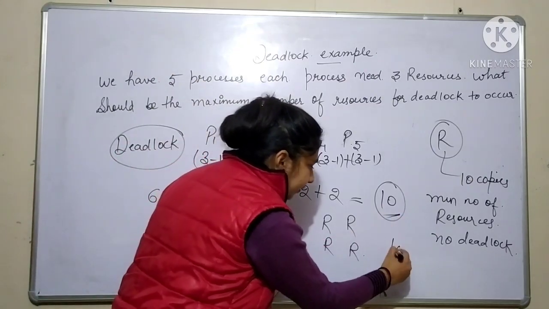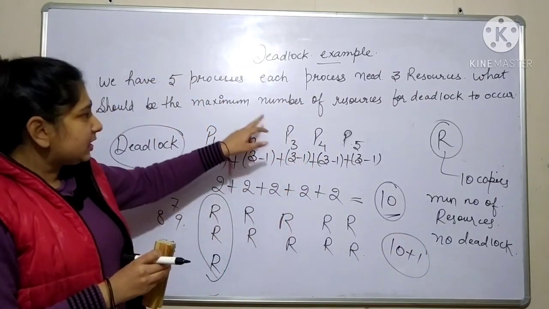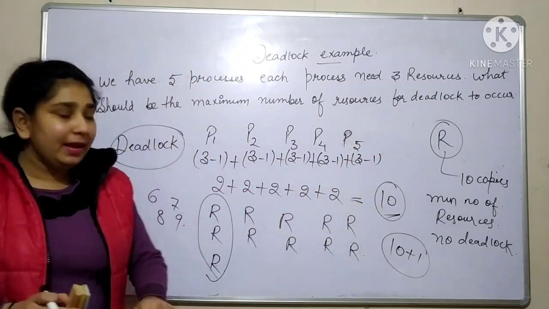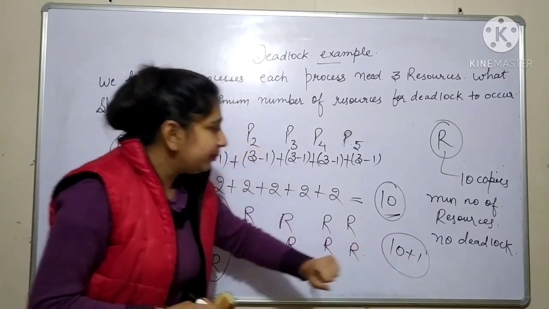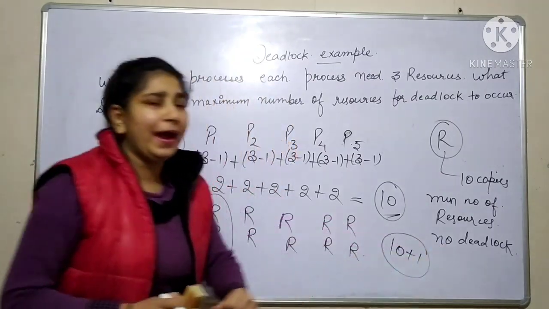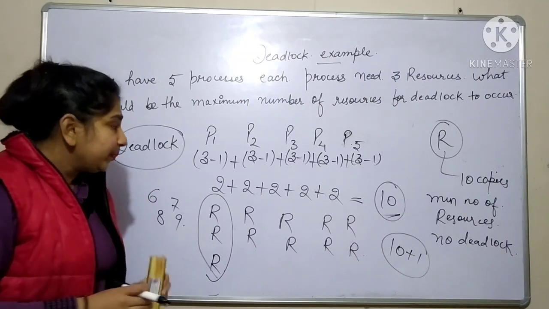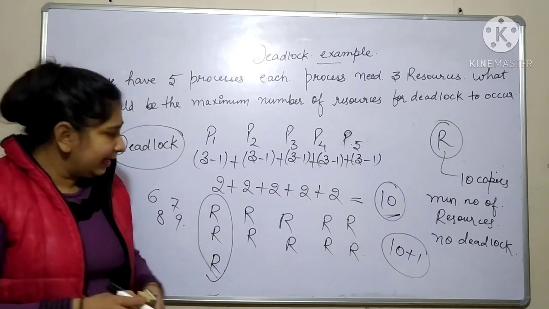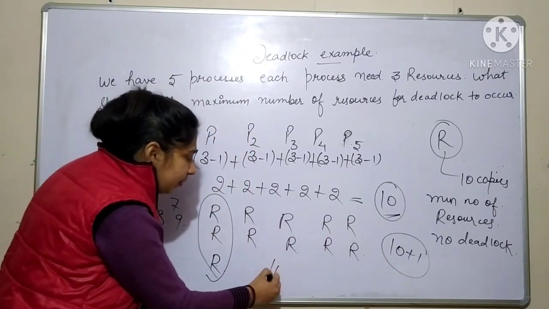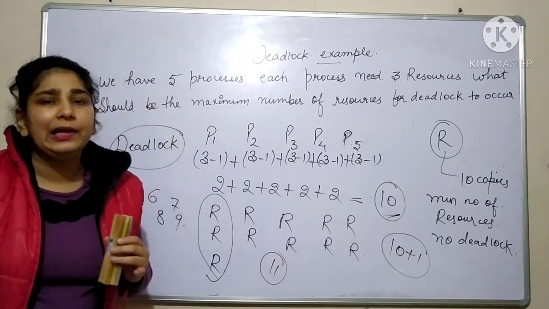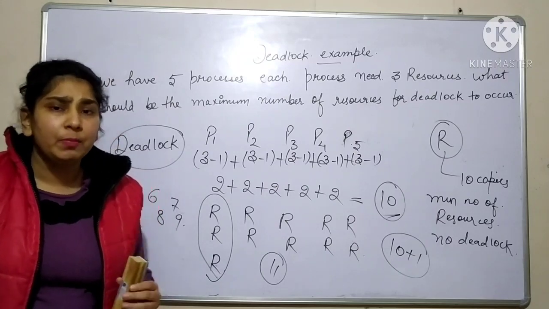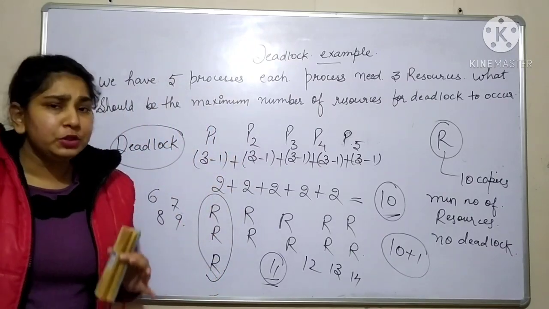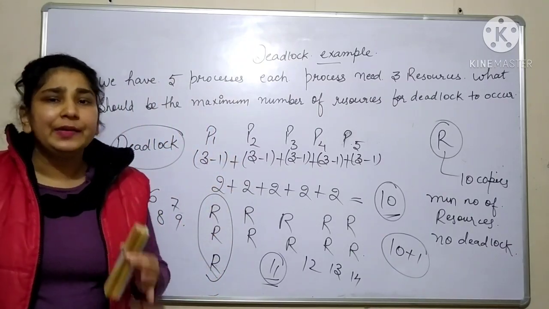10 plus 1. The maximum number of resources for deadlock to occur is 10, so the minimum number of resources to avoid the deadlock is 10 plus 1, that is 11. If you use any number of resources more than 11, 12, 13, 14, you will not get deadlock.